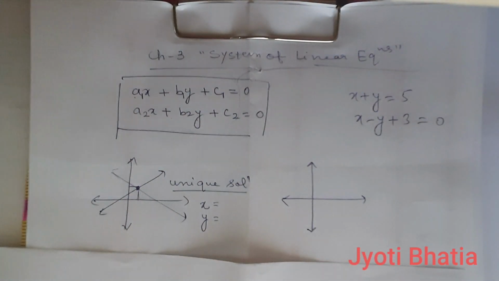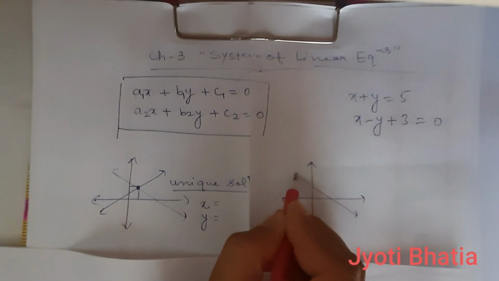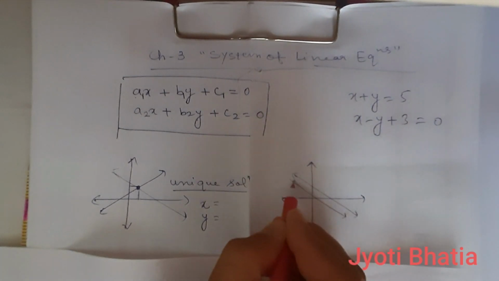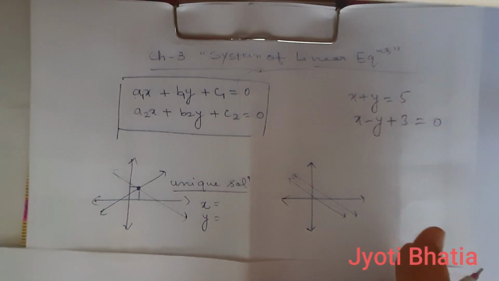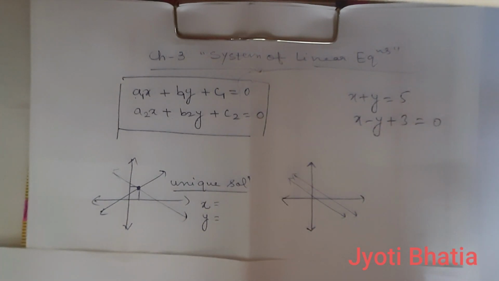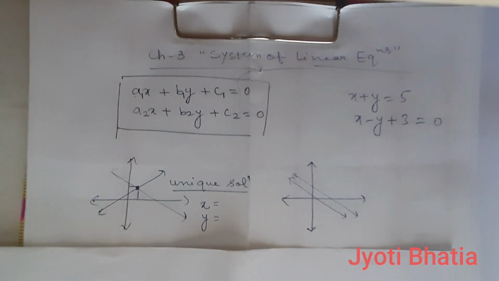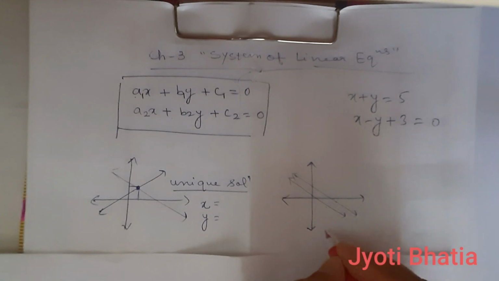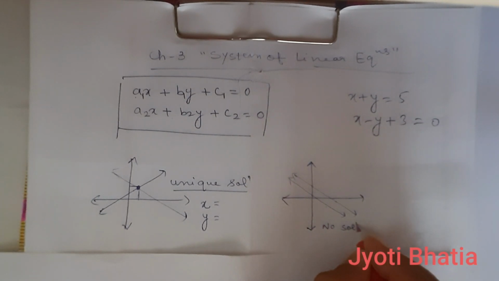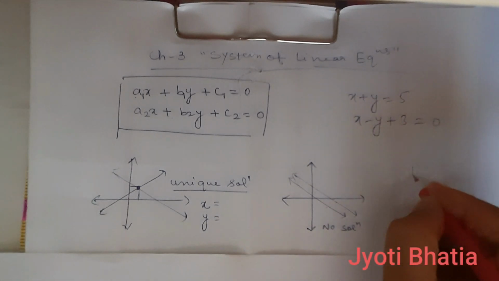In another case you saw that two lines were parallel. Parallel means they are never going to meet. And when the lines are never going to meet, obviously they will have no solution, because solution is that value where the two lines are going to intersect. So such lines are known as parallel lines, and we have no solution for such equations.